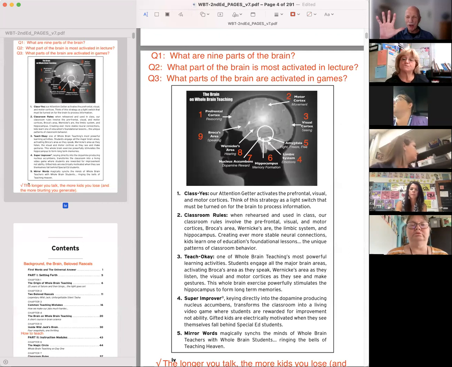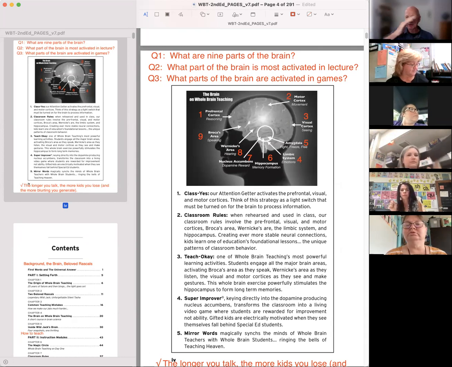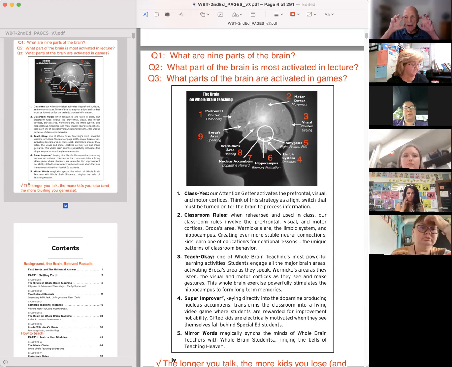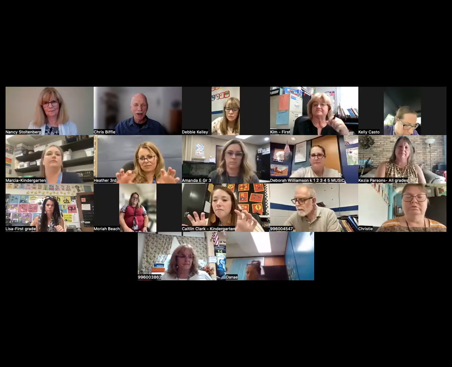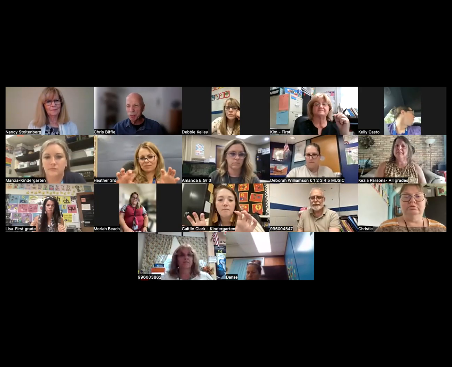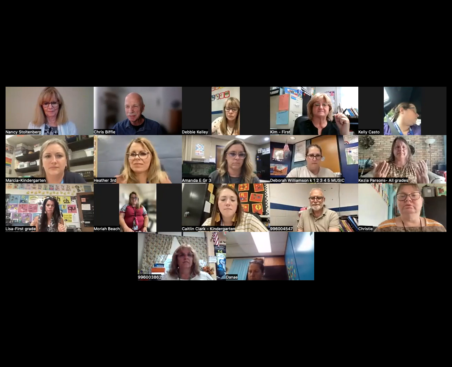The fifth part of the brain is in the limbic system, but it is the amygdala. The amygdala is part of our stress response system.